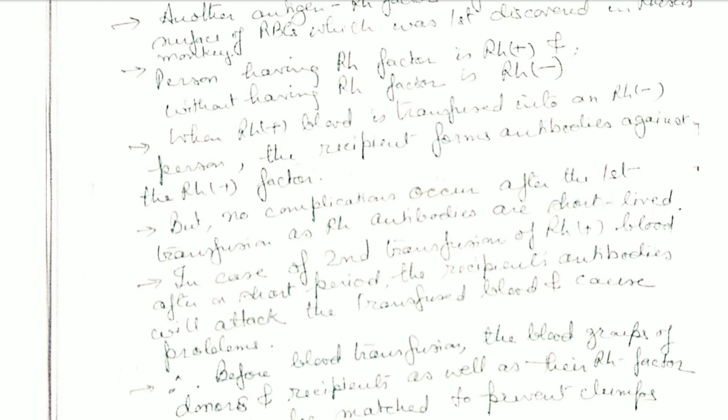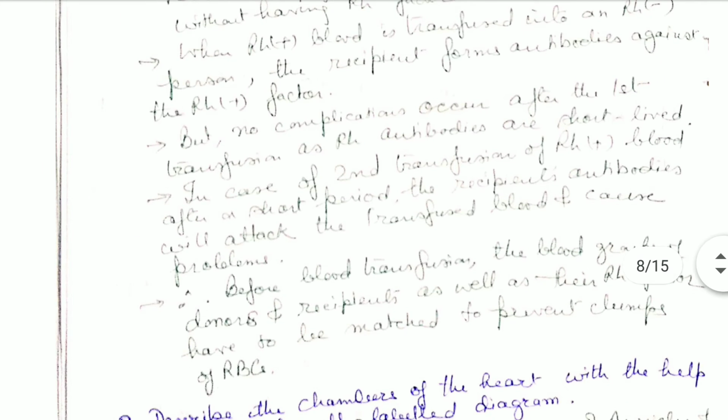On the first transfusion, if Rh positive blood is given to an Rh negative person, no complexities arise. But because Rh antibodies are short-lived, in case of a second transfusion, that is, the second time Rh positive blood is transfused to the Rh negative person, after a short period the recipient's antibodies will attack the transfused blood and cause complications.